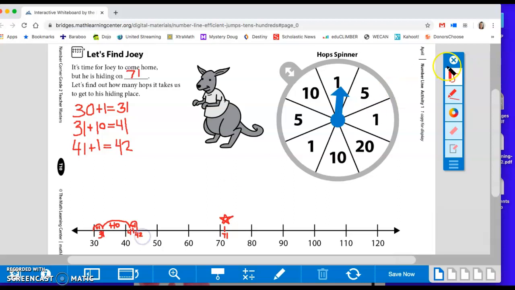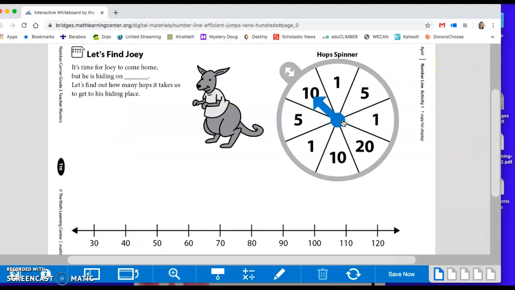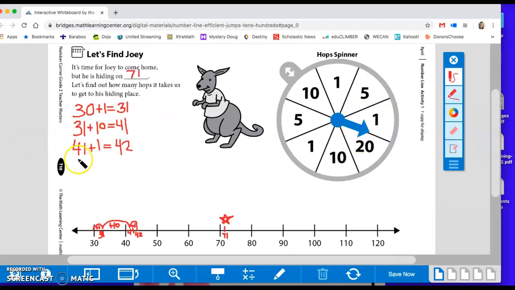Let's spin again. I think that landed on plus 1. So if I'm at 42 and I spun plus 1, 42 plus 1 equals, you guessed it, 43.